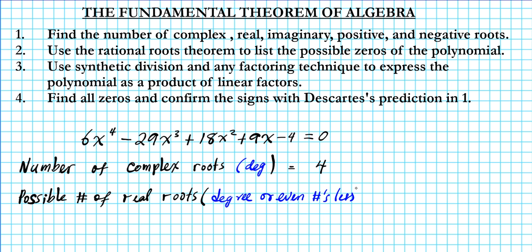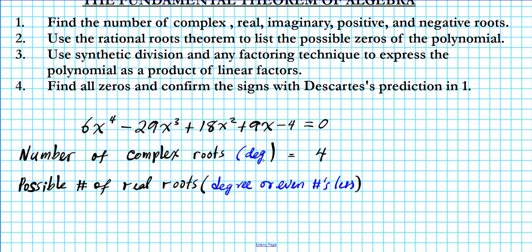Okay, so in this part we know that the degree from the previous part is 4. So the possible number of real roots is either 4. Now what's the first even number? 2, right? So if we subtract 2 from 4, we end up with 2.